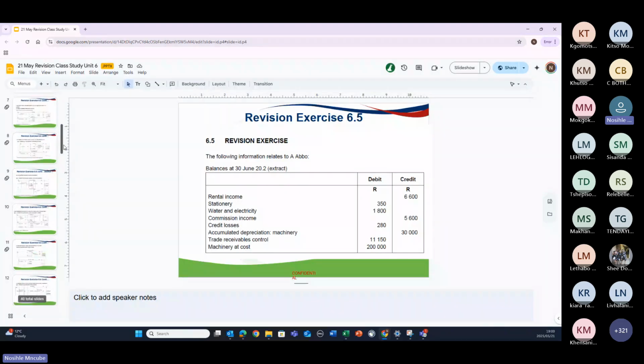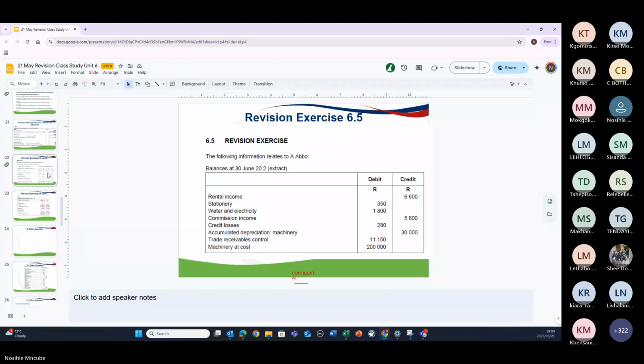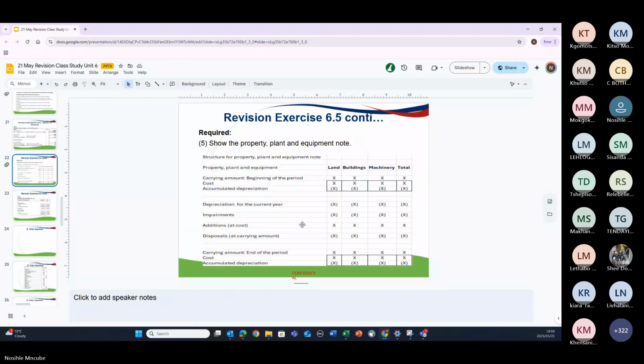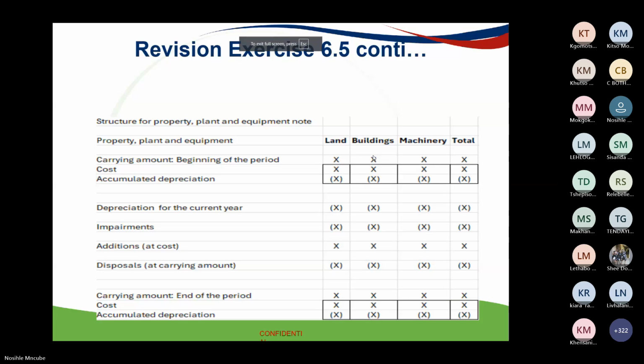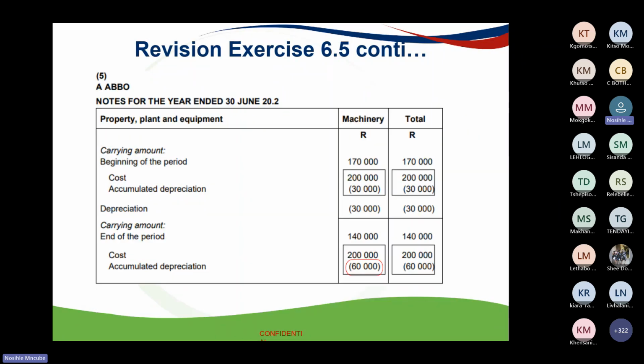So now we're going to move over. We saw on the question, and even in the additional information we were given, that the only property, plant, and equipment is the machinery in this case.